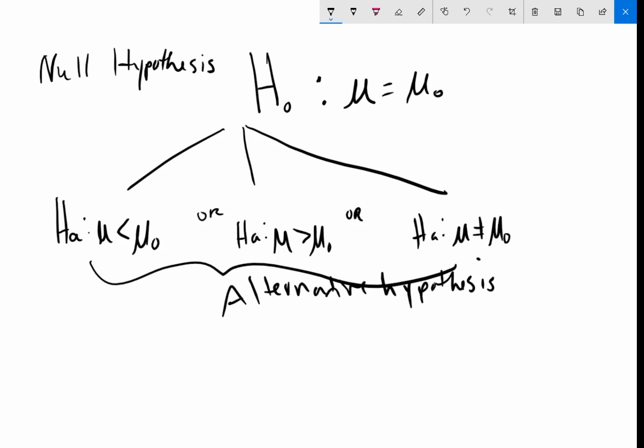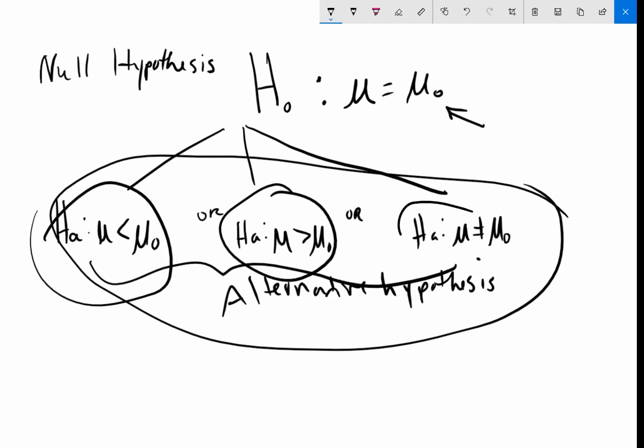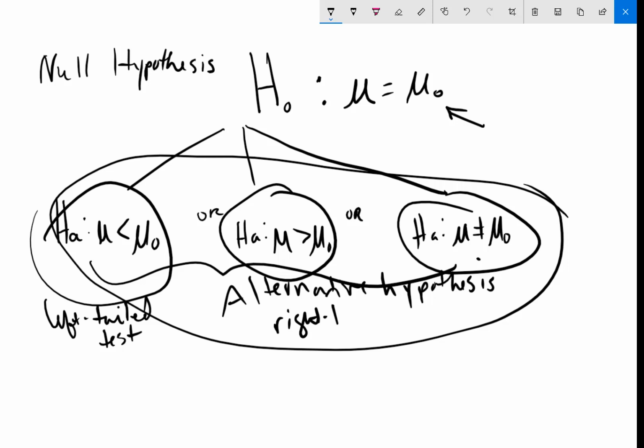And we have to get enough proof to prove that these are true. Otherwise, we cannot reject the null hypothesis unless we have sufficient proof to prove either this or that. It depends on what the problem is as to whether I'm going to do what's called a left-tailed test or a right-tailed test.